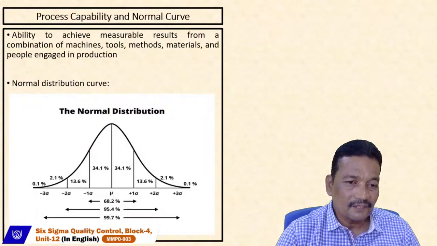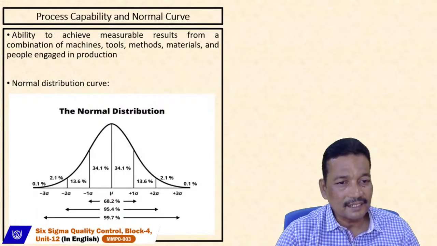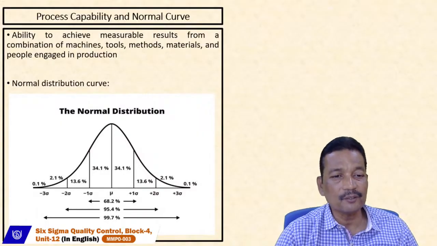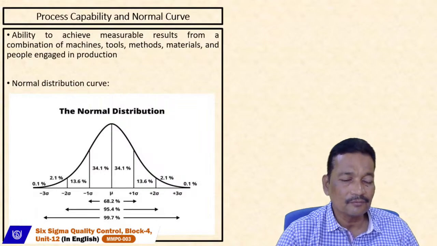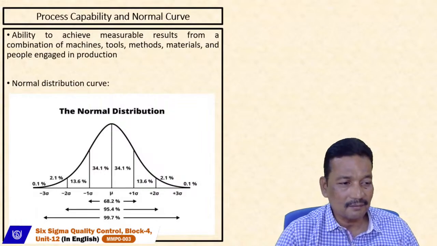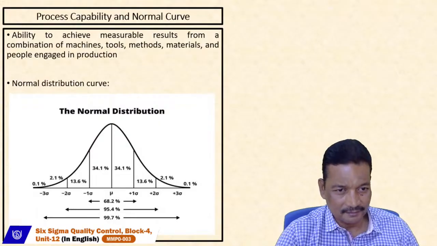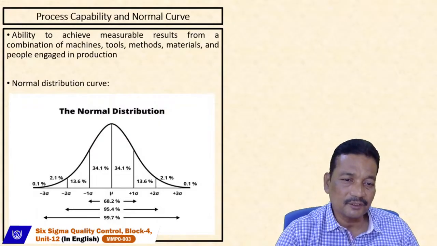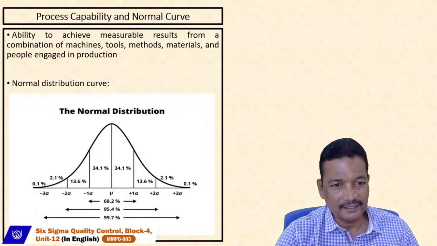Suppose one standard deviation below the average value, written as mu, the central line, or one standard deviation above the central line, 68.2% of the items that are happening will definitely fall.